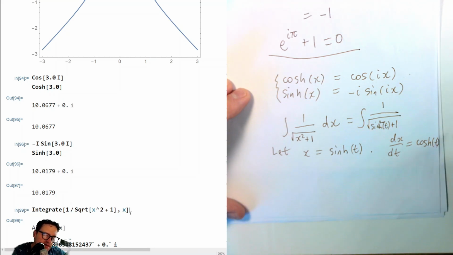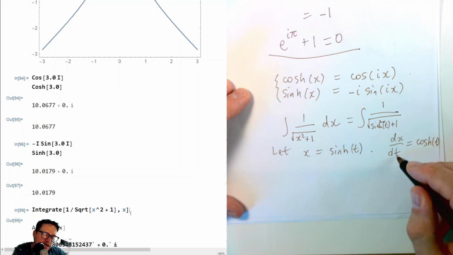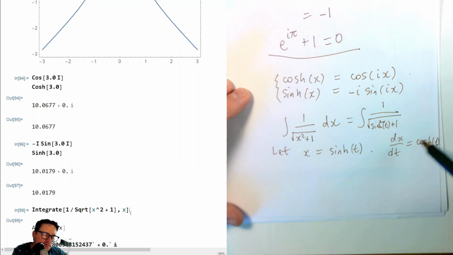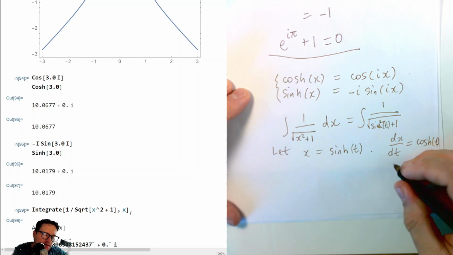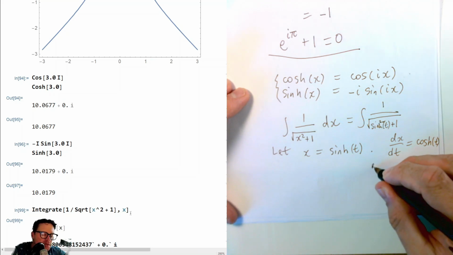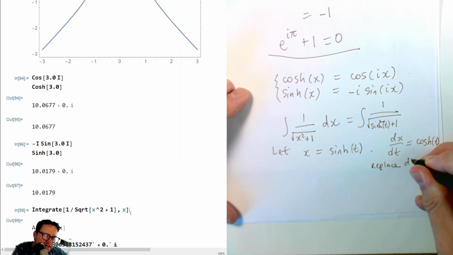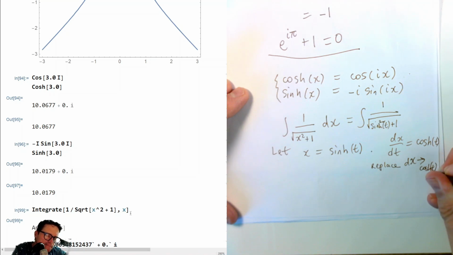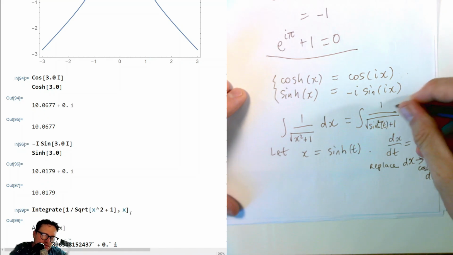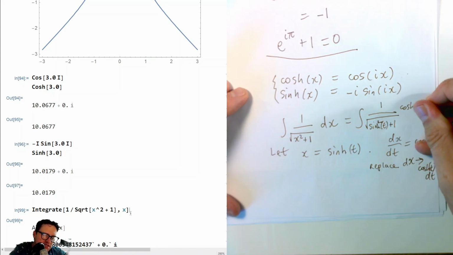Okay, so if I do that, then I get dx is cosh t dt, right? But I don't say that, I just say replace dx with cosh t dt. So that here, let's do that. So we have cosh t dt.